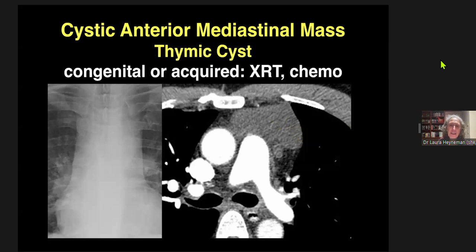So this was a thymic cyst that can be congenital, but can be acquired as a result of chemotherapy, or in some people post-radiation therapy, particularly for lymphoma. But that anterior mediastinal abnormality is delineated by the fact that there is lateralization of the AP line.